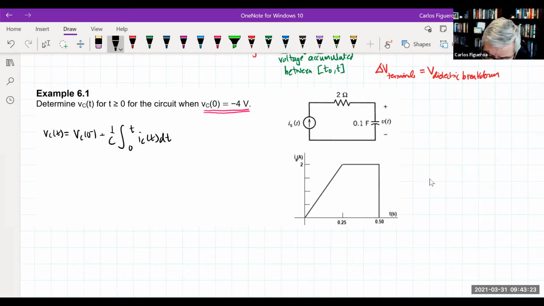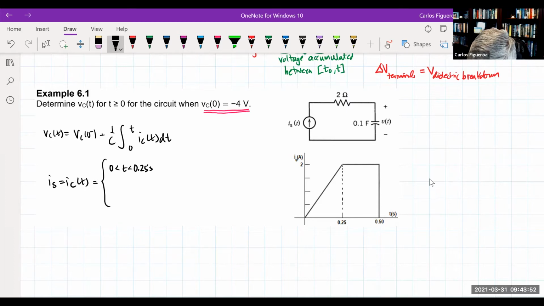So when I look at the current source, it's the same as the current of the capacitor. And you could see there are two intervals. At the interval between 0 and 1/4 of a second, we have a linear term.